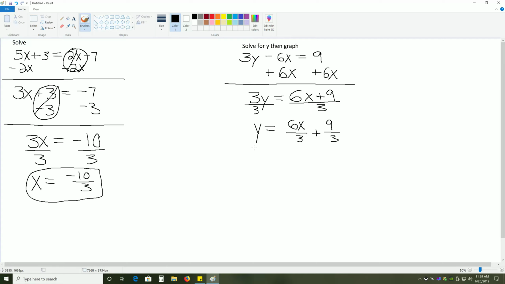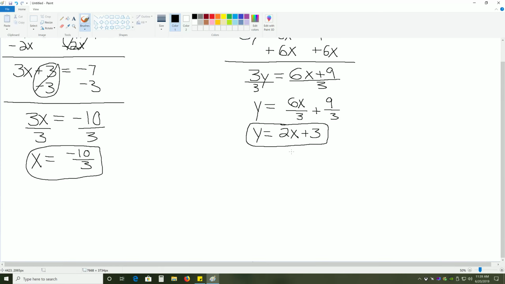Okay, and now we did that because now 6x over 3 is the same thing as 2x, and 9 over 3 is the same thing as 3. So we were able to just simplify this. We now have y solved for, and it is in terms of x. So y equals 2x plus 3, and we now want to graph that.